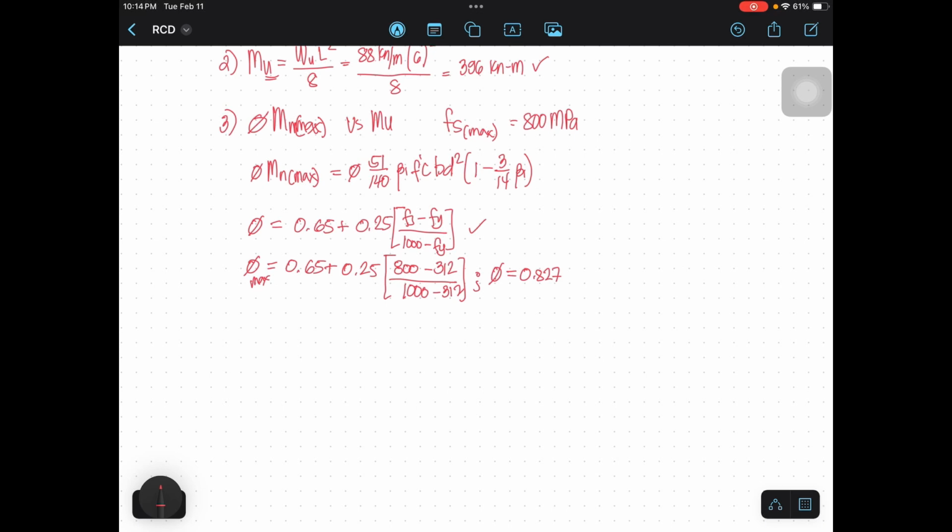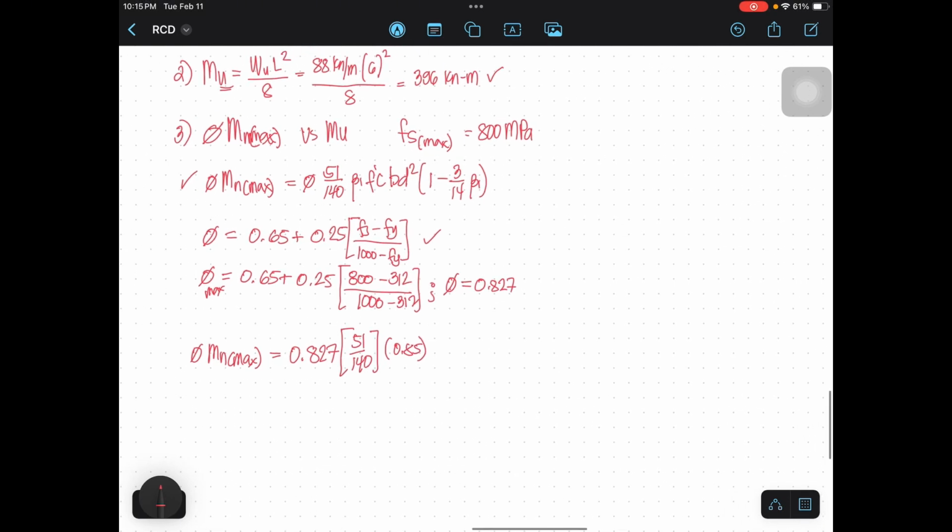Okay, so going back to this equation, dahil meron na tayong reduction factor, so maximum design moment is equals to reduction factor of 0.827 quantity 51 over 140. So beta 1 natin 0.85 dahil yung f prime c natin is 21 lang.